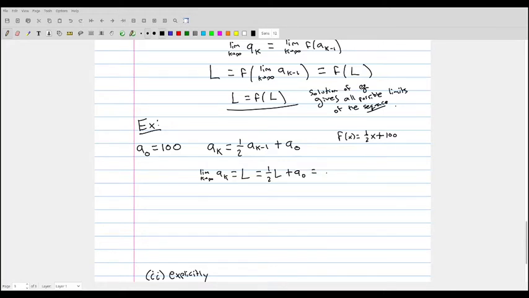This is just equal to the limit as k goes to infinity of the right-hand side, which is 1/2 a_{k-1} plus a_0. And what we have here is exactly this equation. It's the equation that L is equal to 1/2 L plus a_0.